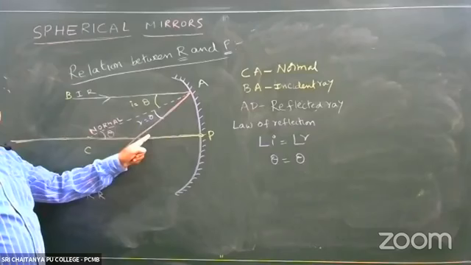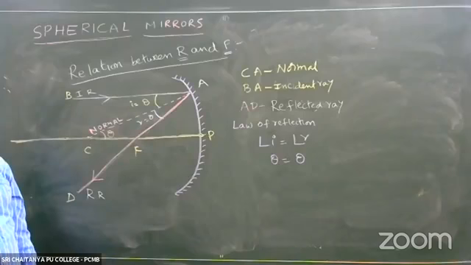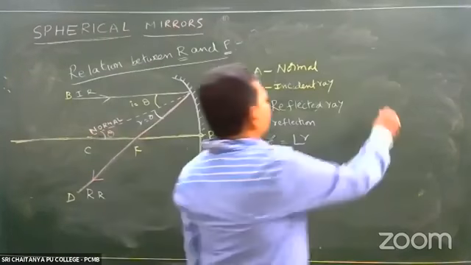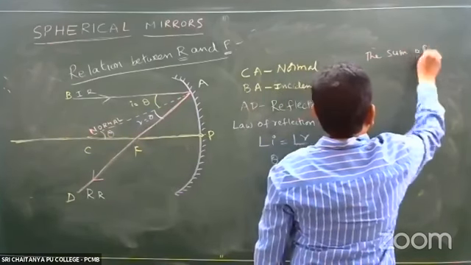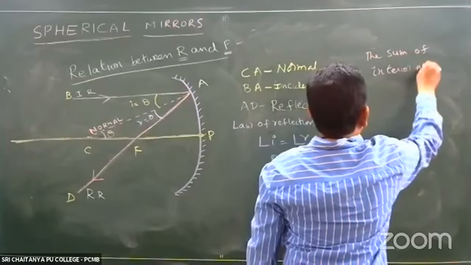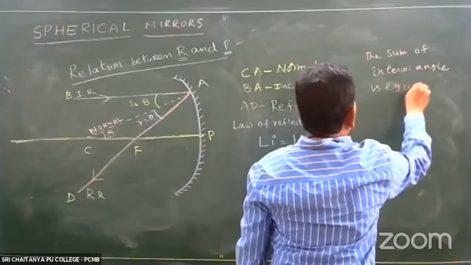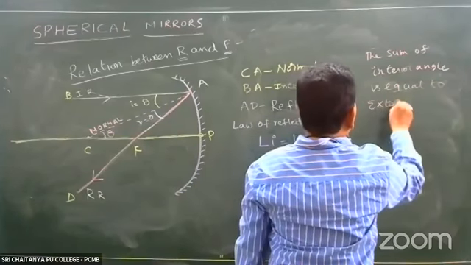So we know the sum of the interior angles in a triangle is equal to the exterior angle.